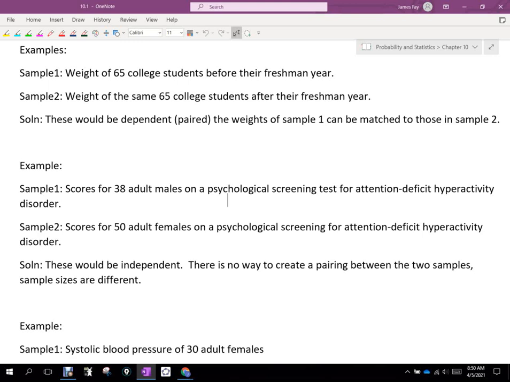In the first example, we saw 65 and then 65, so each one could be paired back to themselves. In addition, the males cannot be in the females and the females cannot be in the males. So they're independent samples here. There's no way to create a pairing between the two samples, and the sample sizes are different.